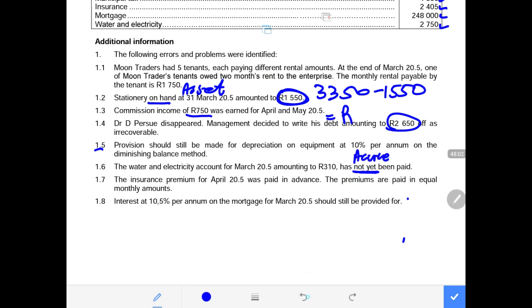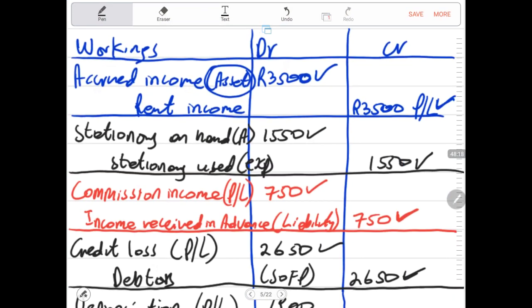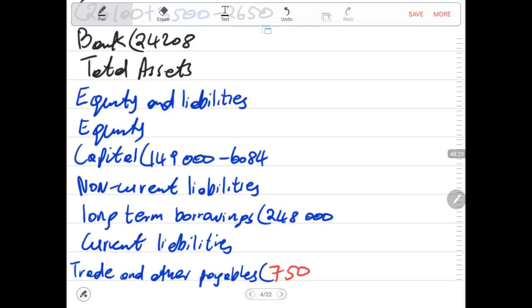So now an expense that is not paid becomes an accrued expense. And an accrued expense is a liability. So we know that this 310 will go under liabilities in the trade and other payables. We know that we need to say here plus 310. We already know that one because an accrued expense is a liability.